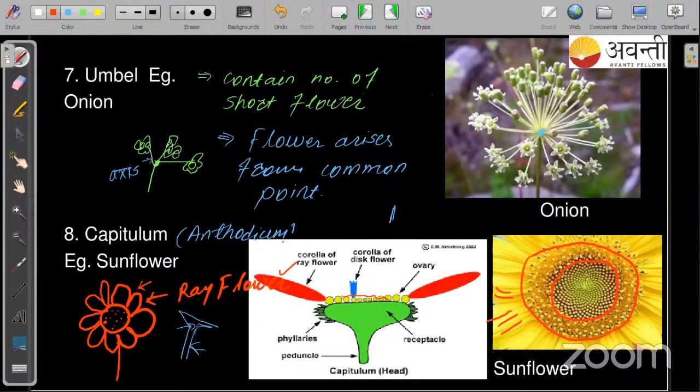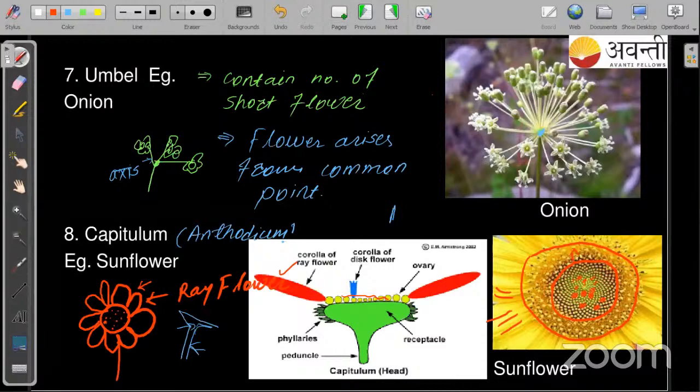Then what is meant by centripetal? I already talked about it. But here you can see in this diagram, new flowers are generated in the central side, and older flowers move to the outer side. So new flowers are generated on the central or inner side.